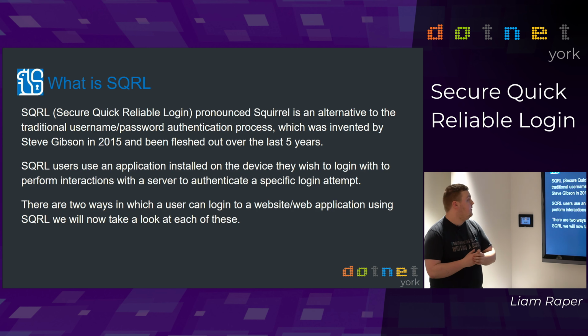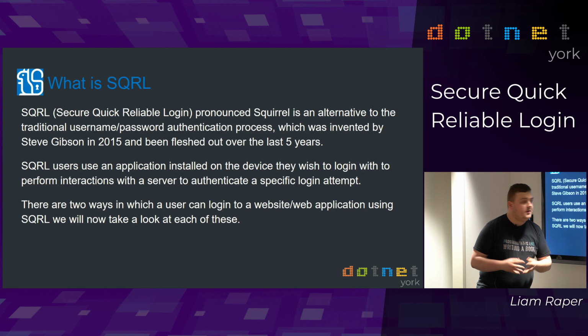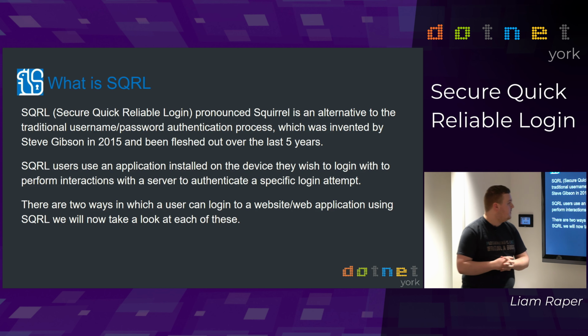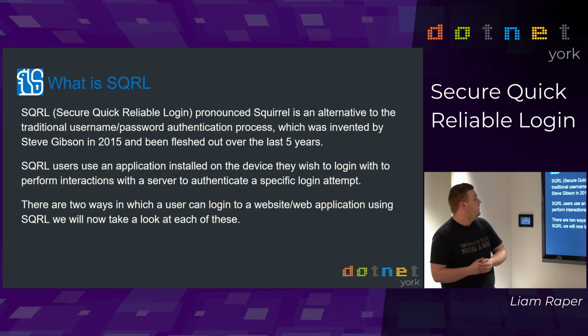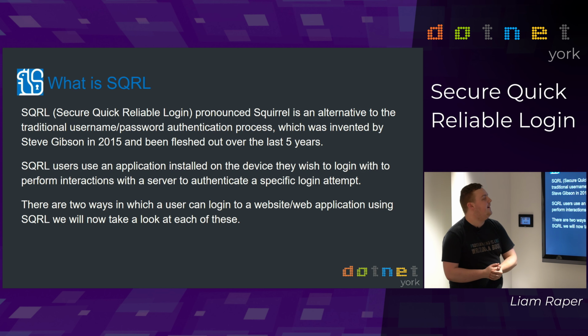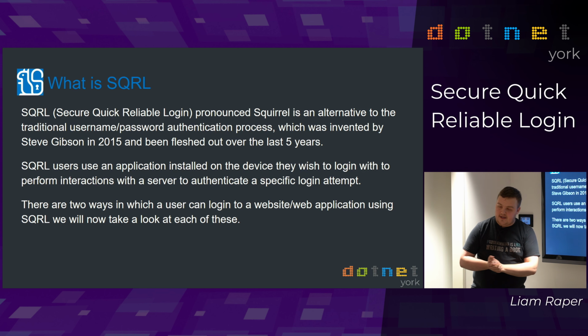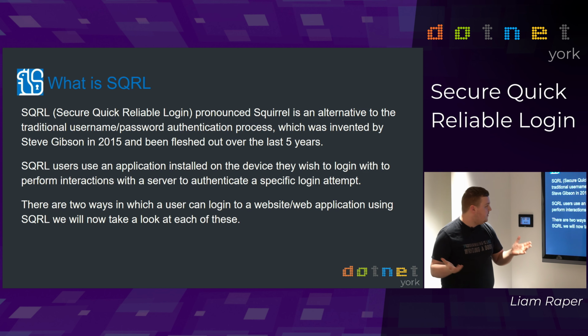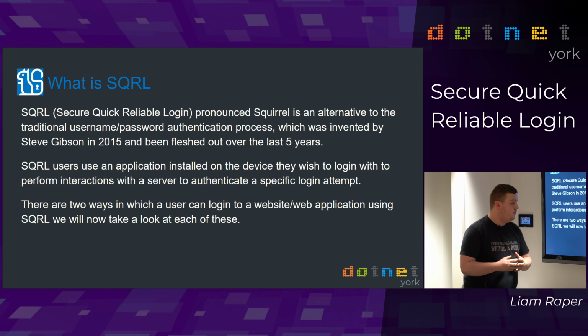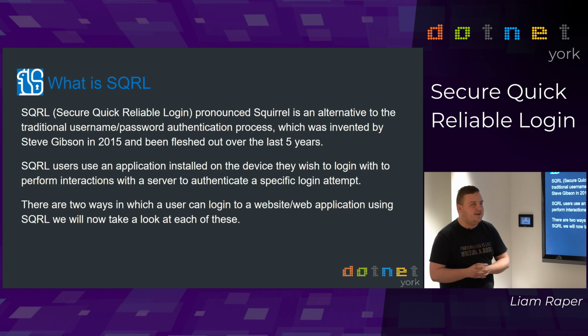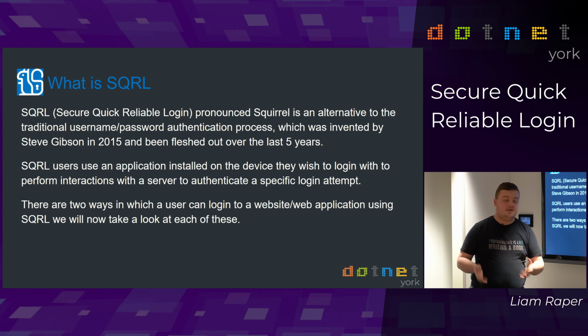So, SQRL, Secure, Quick, Reliable Login, also pronounced Squirrel, as Kevin's been pronouncing it, hence the logo, was very recently invented, the brainchild of Steve Gibson, who is well known and mostly respected in the cybersecurity industry, for he kind of discovered the first worm, things like that.